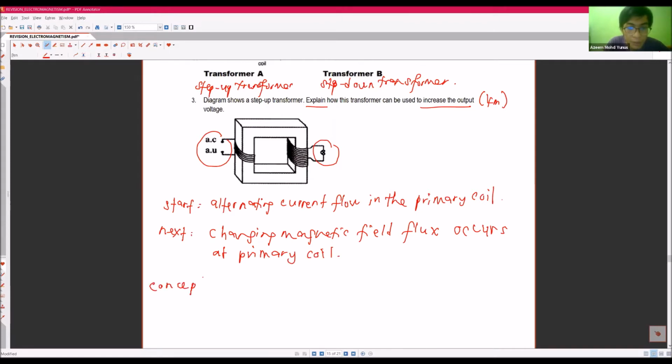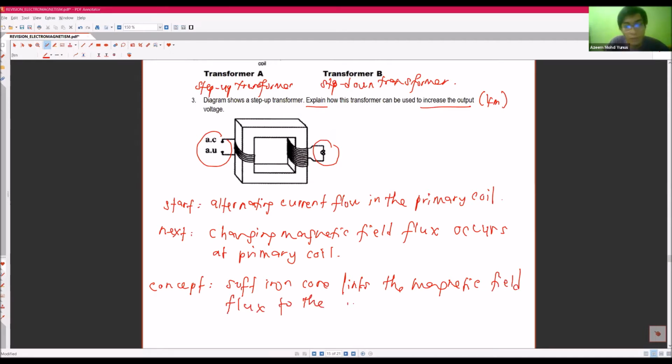Concept here: soft iron core links the magnetic field flux to the secondary coil. Or you can say that cut the magnetic field flux, cut the secondary coil. Also for the concept here, but I like the soft iron core concept here.